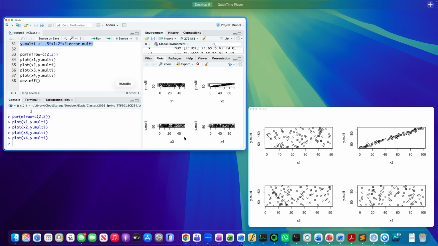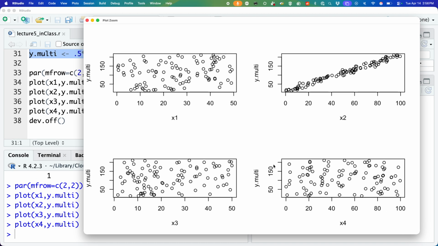So that means visual inspection, especially when you're coming to multivariate, is not going to be able to exclude variables from having some kind of correlation, right? It just so happens that x2 has a more dominant effect on the variation in y.